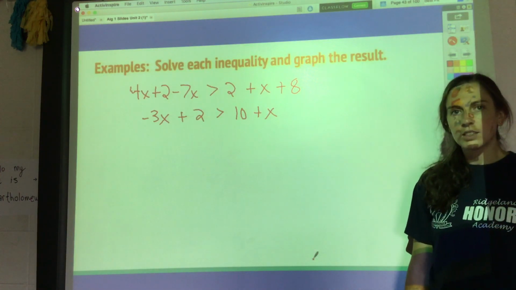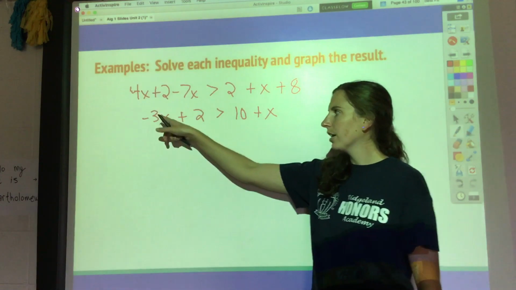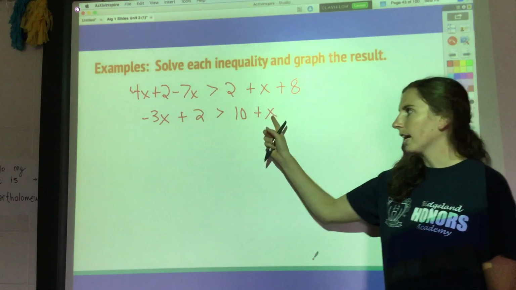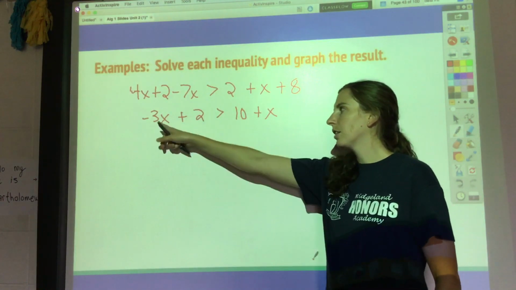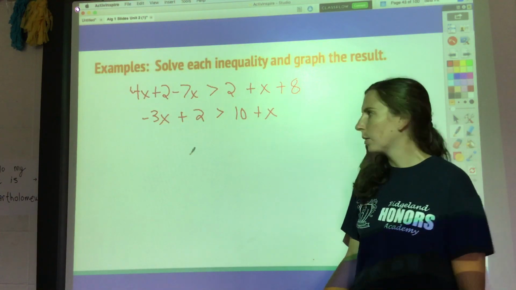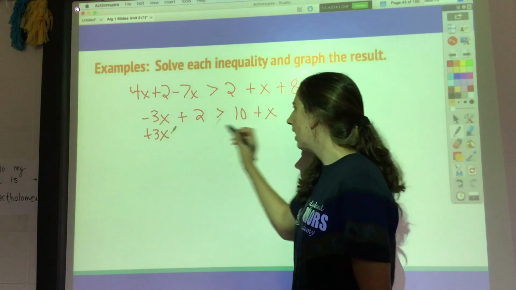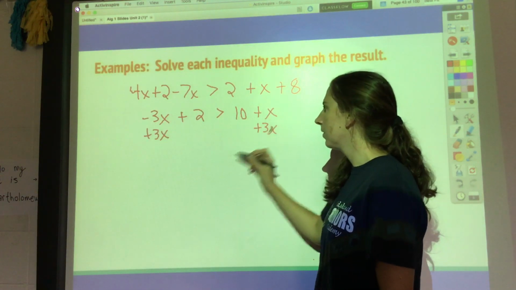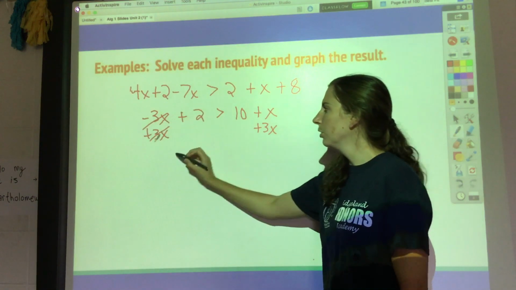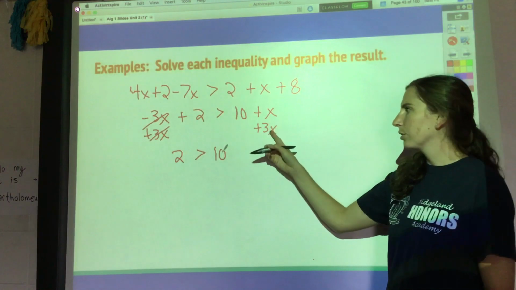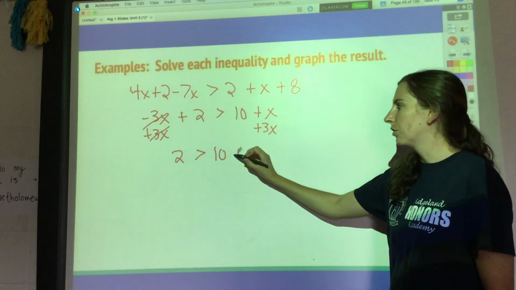Now as I am trying to solve, I notice I have some variables over here and over here, and I need to get them on the same side. You could subtract x and move it over here, or you could add 3x and move it over here. Either way, I'm going to try to keep it positive, so add 3x to both sides, so that I'm left with 2 is greater than 10, and 3x + 1x is 4x.